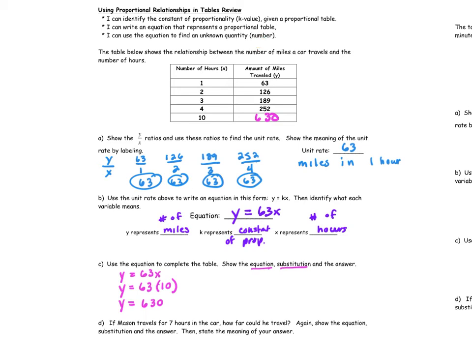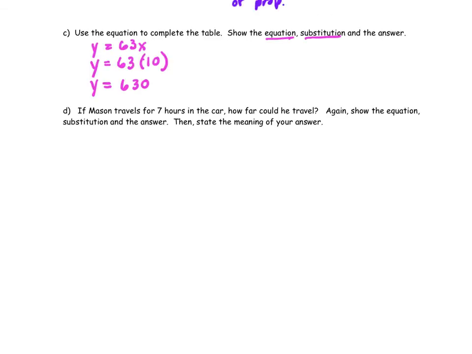Let's go to question D. Question D says, if Mason travels 7 hours in the car, how far could he travel? Again, they want us to show the equation, the substitution, and the answer like we did for C. Then they want us to state the meaning of the answer. So let's break this down.